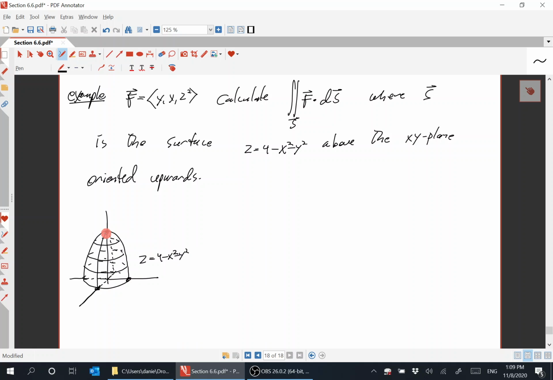This right here is 4. This right here happens when z is equal to 0, the intersection with the xy plane. So 0 equals 4 minus x squared minus y squared. You get x squared plus y squared equal to 4. So this is the circle of radius 2 in the xy plane. And this surface is oriented in the upward direction. Calculate the flux of F across S.